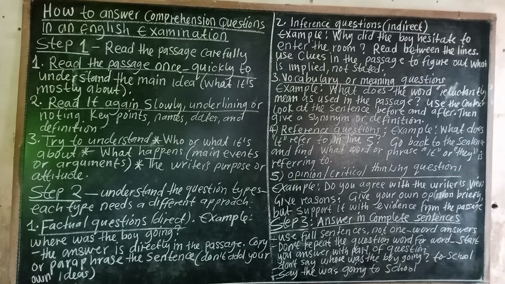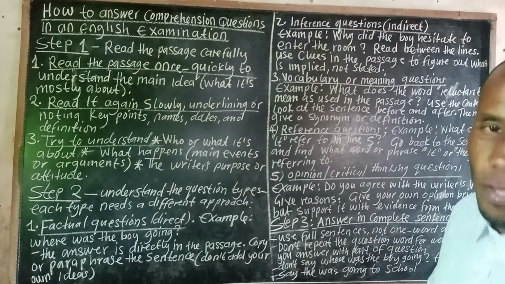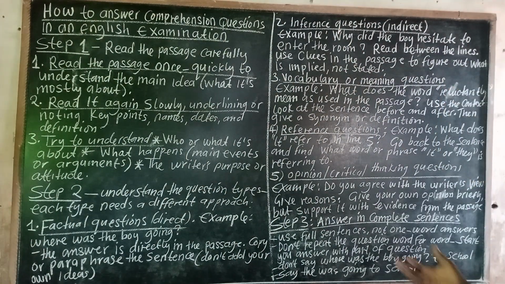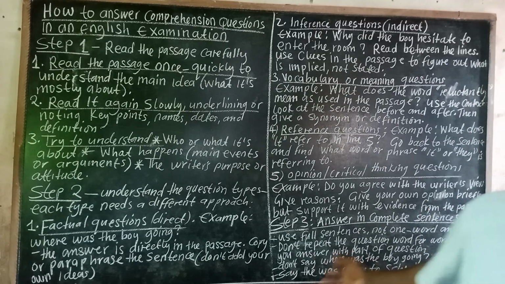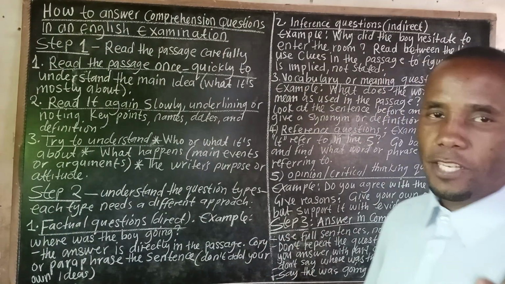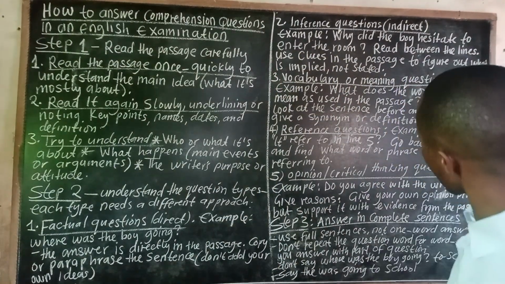Then the other type of question under comprehension is opinion or critical thinking questions. These are questions where you need to think critically. For example, do you agree with the writer's view? That is a question. Now imagine if you have not understood the passage, are you able to answer this question?